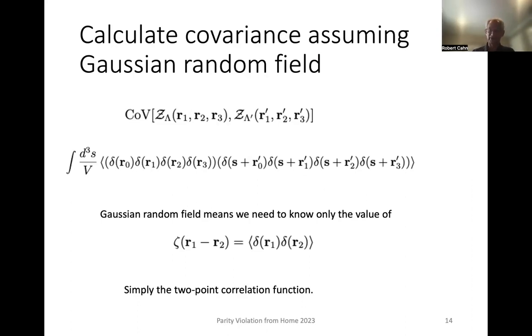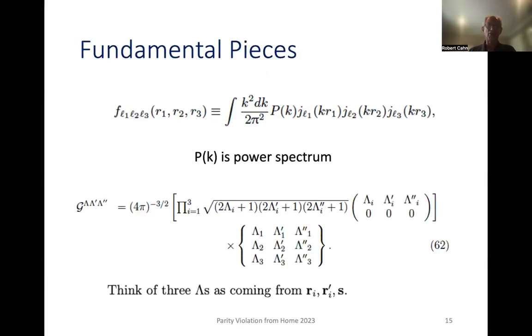Now, the question is, how do you do that? Well, the pieces that come into the calculation necessarily involve that 2-point correlation function, or sometimes more practically, the Fourier transform of that, which is, of course, the power spectrum.